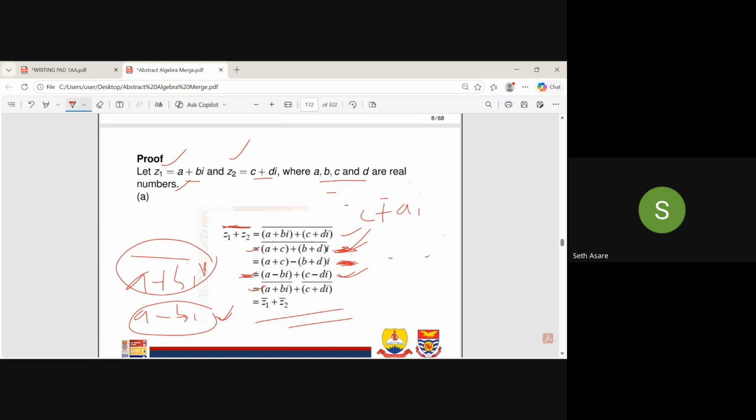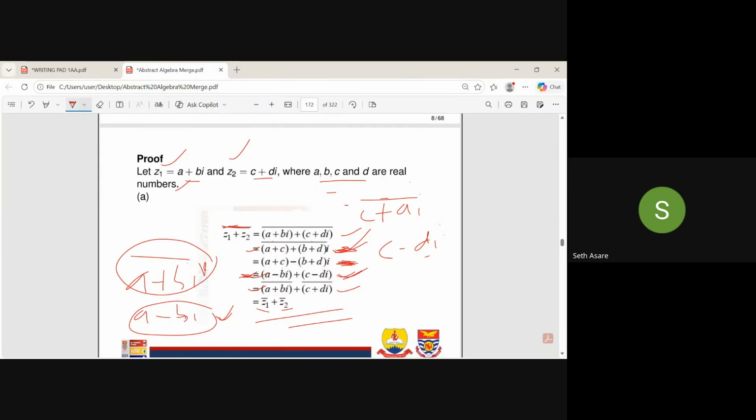So the conjugate of this is equal to C minus DI. That is what we wrote also down here. So we are telling ourselves that what we got up here is the conjugate of Z1, and what we had up here is the conjugate of Z2. So in short, when I take the sum of two complex numbers and I take their conjugate, it is the same as taking the conjugate of the individual ones and summing them.